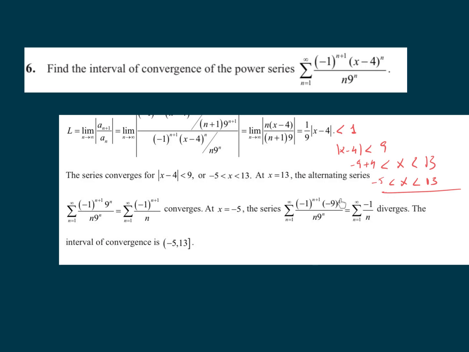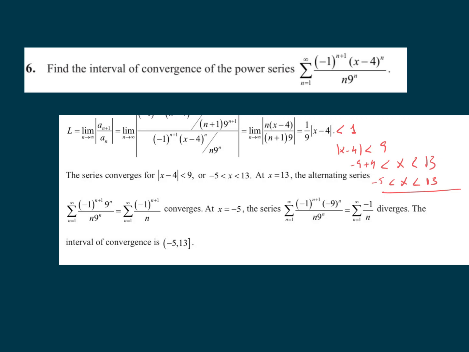The power series is now (-1)^(n+1) times (-9)^n divided by n times 9^n. If you do a little bit of algebra, the series would be minus 1 divided by n. Because 1 divided by n diverges, minus 1 divided by n also diverges. So at x equal minus 5, it diverges.